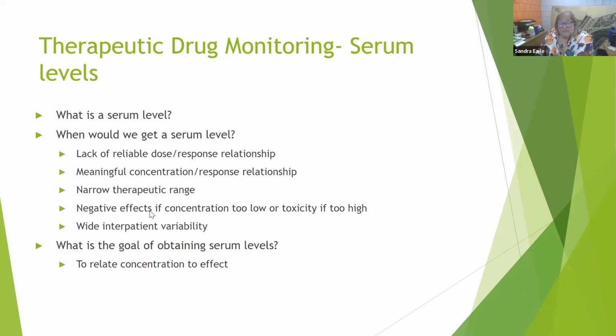That's not okay, is it? So we wouldn't want to wait until we find that out. So we might get a blood level to make us feel like they're probably efficacious.